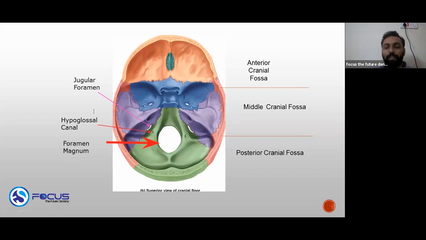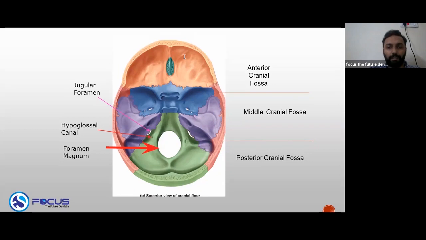Done. That's all. Now you have the foramen magnum. You have the hypoglossal canal. Once again.